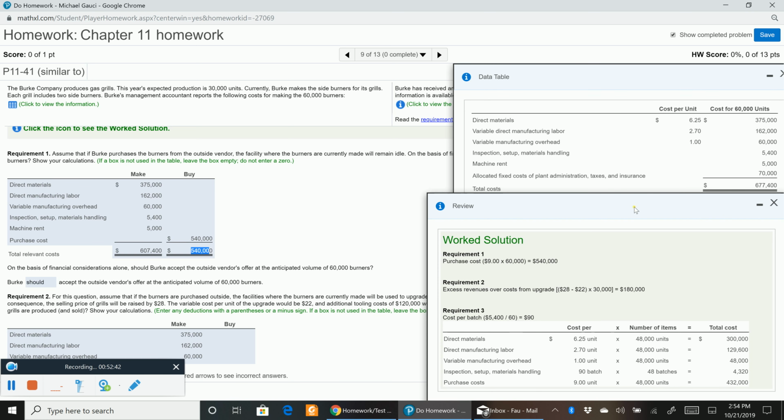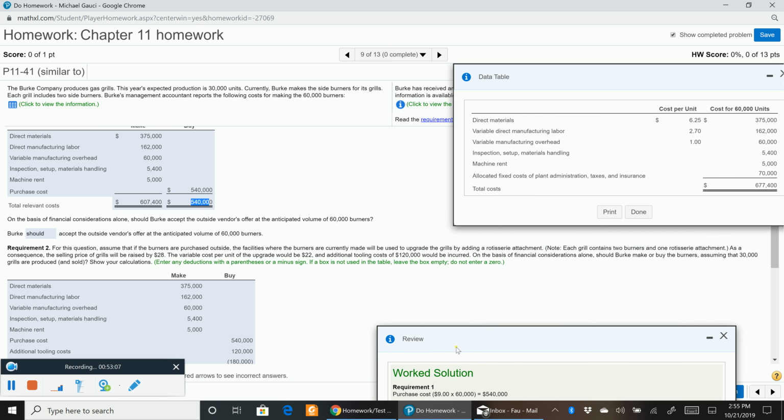And this is a little bit tricky because some of the fixed costs are actually relevant. Usually the fixed costs are irrelevant, but in this case, some of the fixed costs were relevant because they actually do disappear if we go ahead and buy them outright versus continuing to make them ourselves.